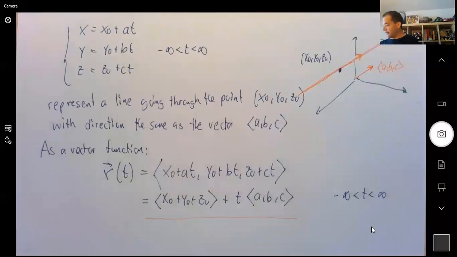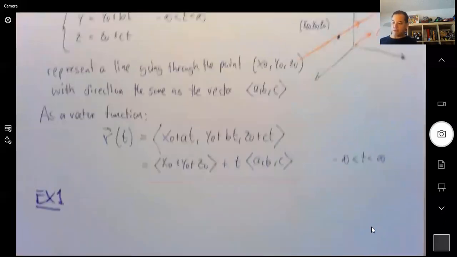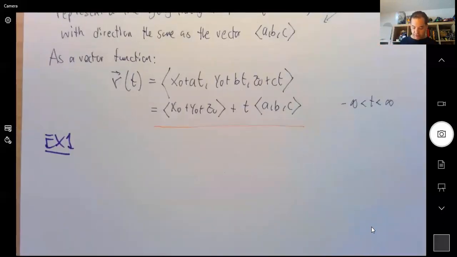So let's take a look at example one. We'll do a few problems about this later on today as well.